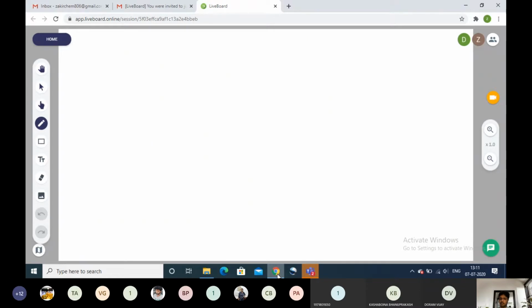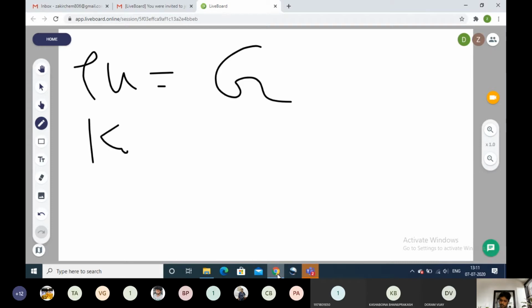Mass velocity is nothing but density multiplied by the normal velocity, which is rho into u, equal to G. How does this come? We can verify with units.